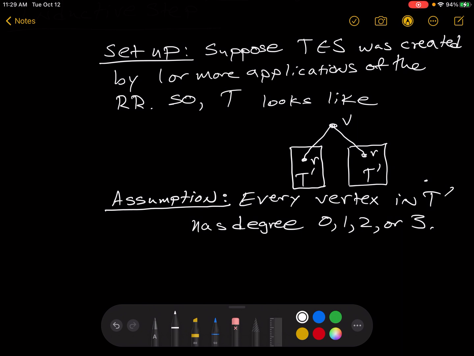So now I'll prove that every vertex in T, the whole thing, has degree 0, 1, 2, or 3.